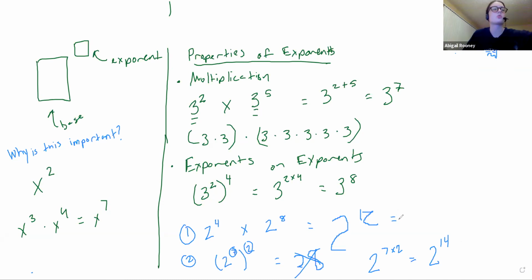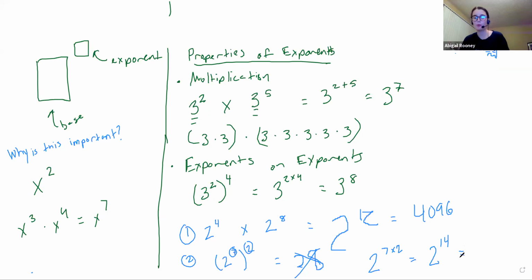We could do 2 to the 12th power. I think it's a pretty big number. I would have to do that on my calculator. So 2 to the 12 is 4,096. So it's really big. Okay, so we could solve it.